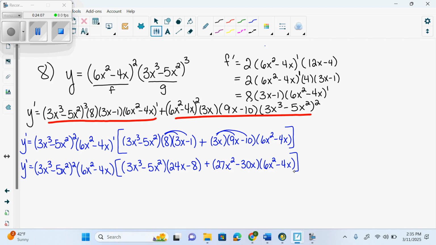Distribute those. So I'm going to get y prime equals 3x cubed minus 5x squared, 6x squared minus 4x. And then I'm going to get a lot of fun. 3 times 24 is what? 72. X to the 3 times x, x to the 4.